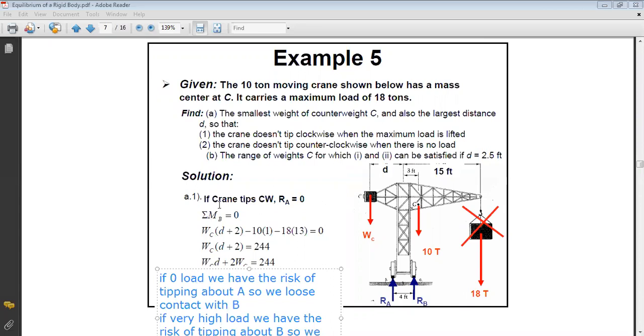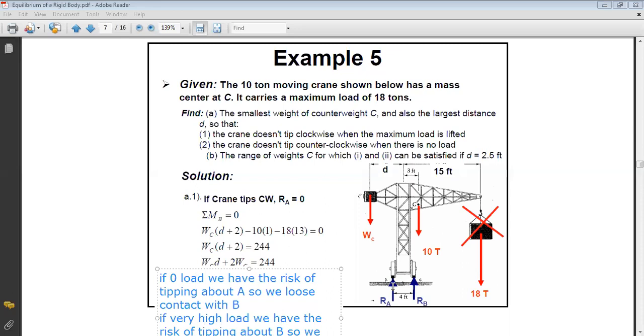Okay, if you have a very high load of 18 tons, because we said that our structure should support maximum 18 tons. So if I put the maximum load here, I should just be at the critical case of the very high load. So for the very high load, we have a risk of tipping about B and losing contact with A. When I say that I lose contact with A, this means what?